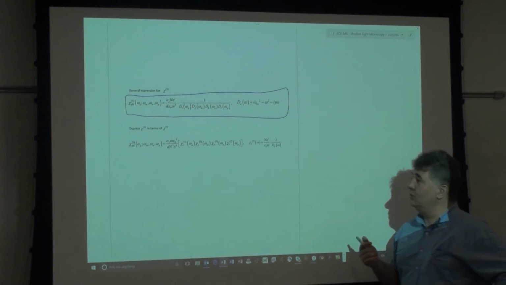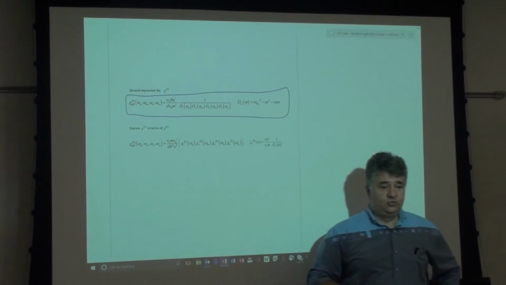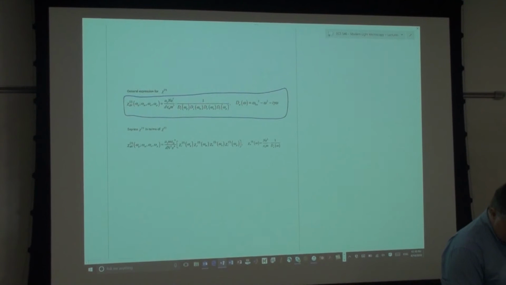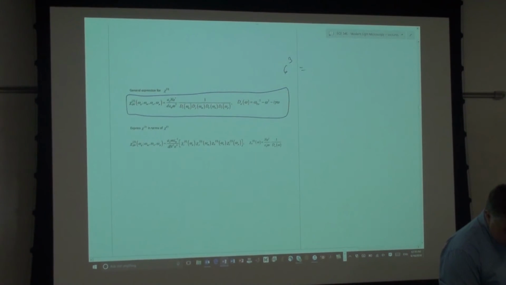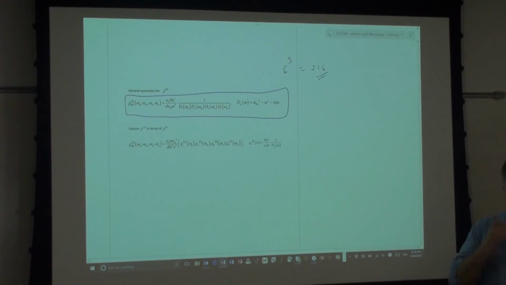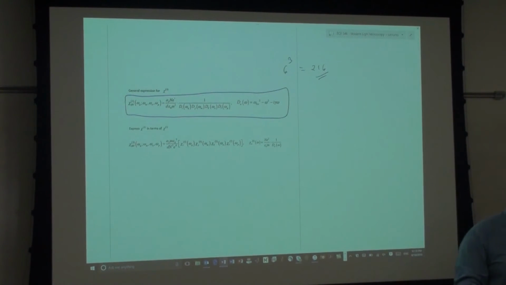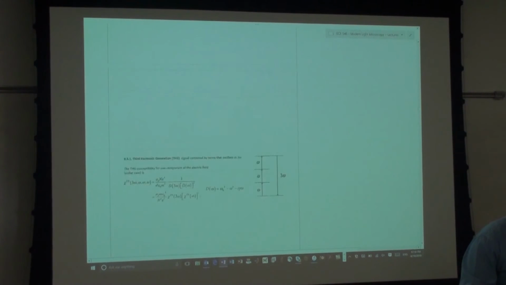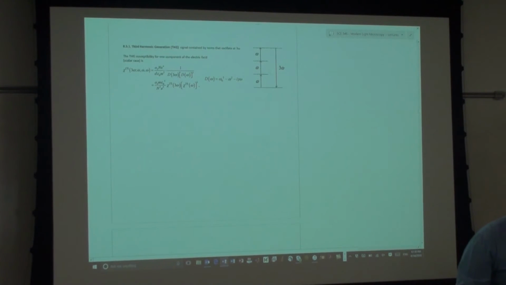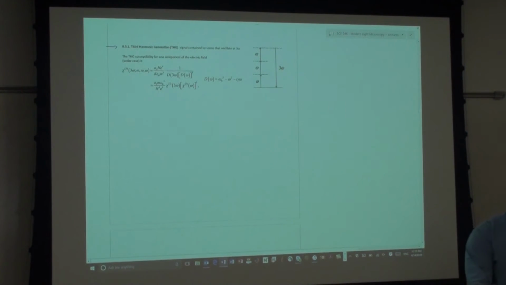This could give you altogether 200, what is 6 to the power 3? 216? Some of them are redundant, but okay. So let's look at the most common ones.